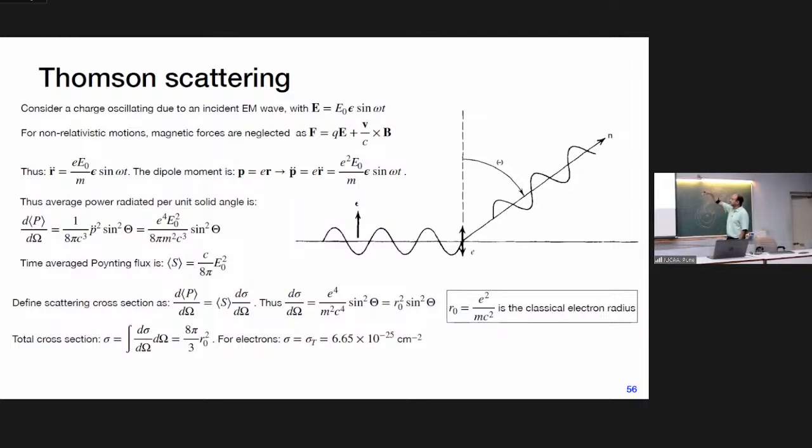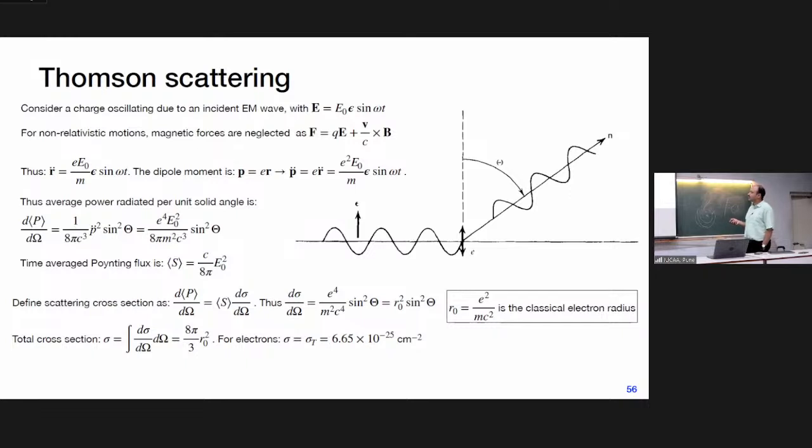Now the acceleration vector is in this direction, so the distribution would be like this. So this is the acceleration vector, and this is the direction that is being observed. So this is theta now. Okay, so this is the power distribution.